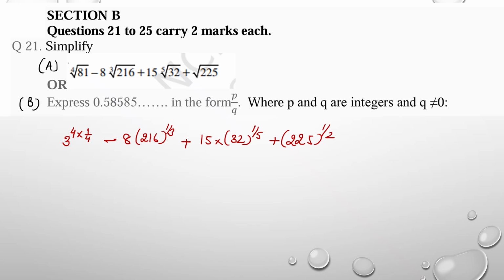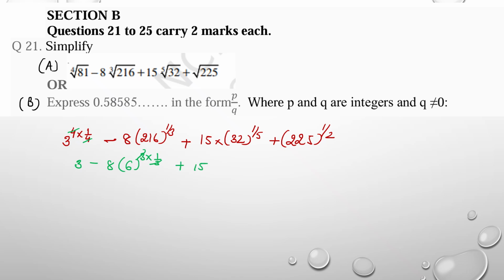Means 216 should be written in the form of base raised to the power 3 if possible. यहाँ पर possibility है because 216 is a perfect cube of 6. So इसको हम लिख सकते हैं 6 raised to the power 3 into 1 by 3. So ये 3 cancel हो जाएगा.